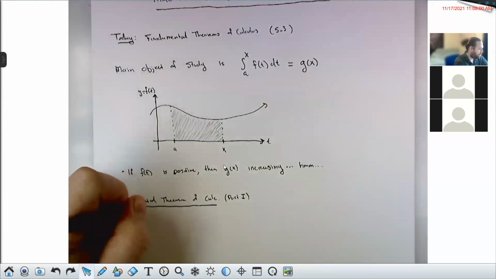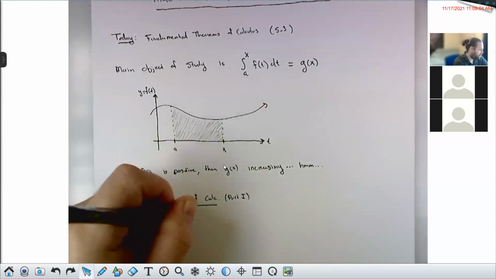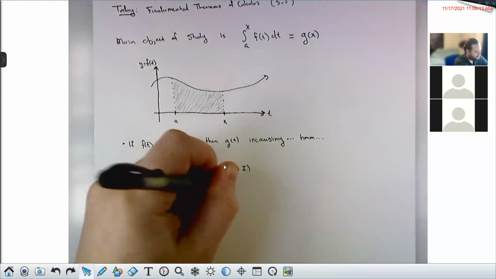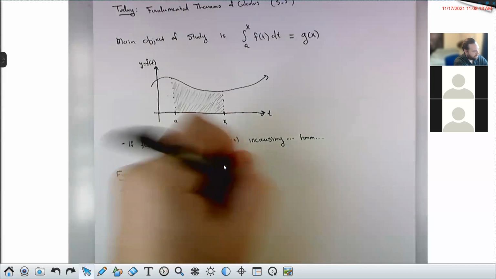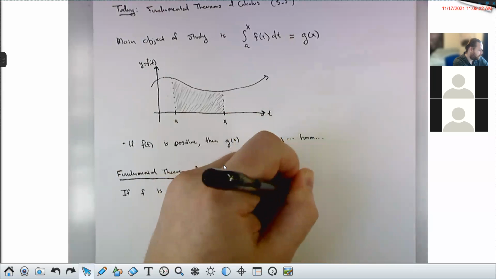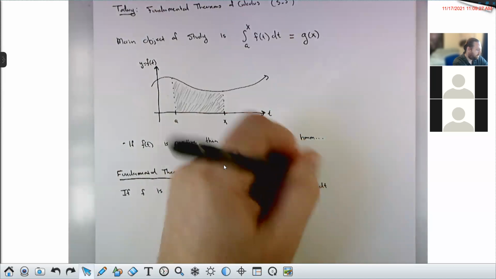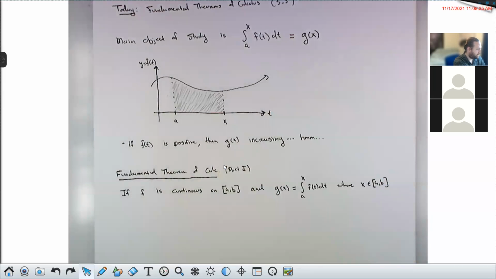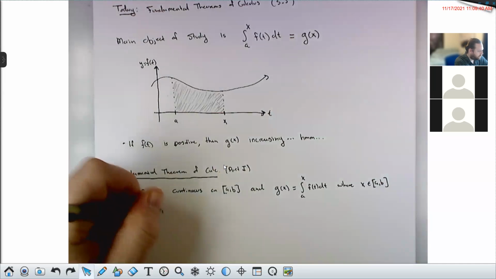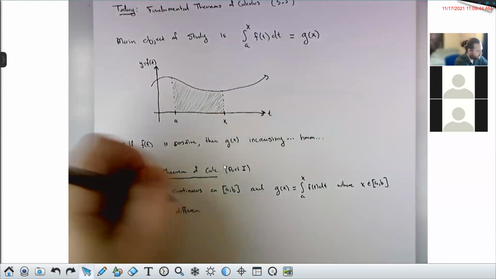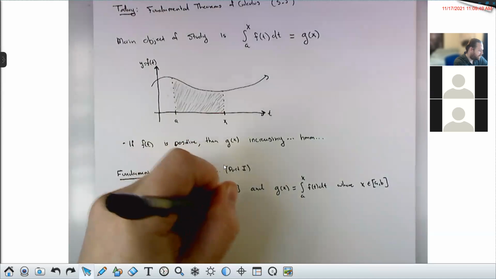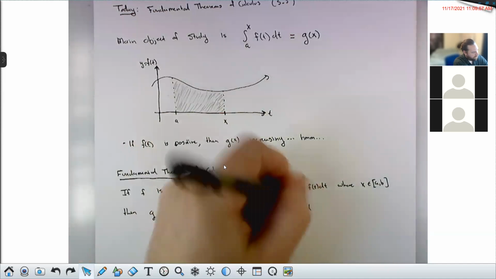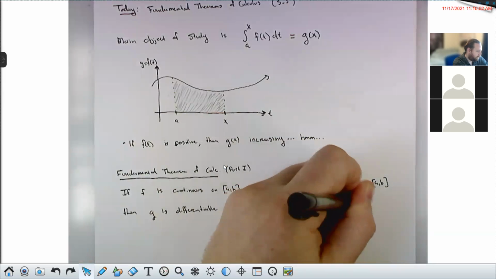If little f is continuous on the interval a to b, and g of x is defined to be the integral from a to x of little f of t dt, where x is somewhere in the interval ab, then g is differentiable, at least, maybe elsewhere, but at least on the open interval from a to b, and g prime of x is the same as f of x.